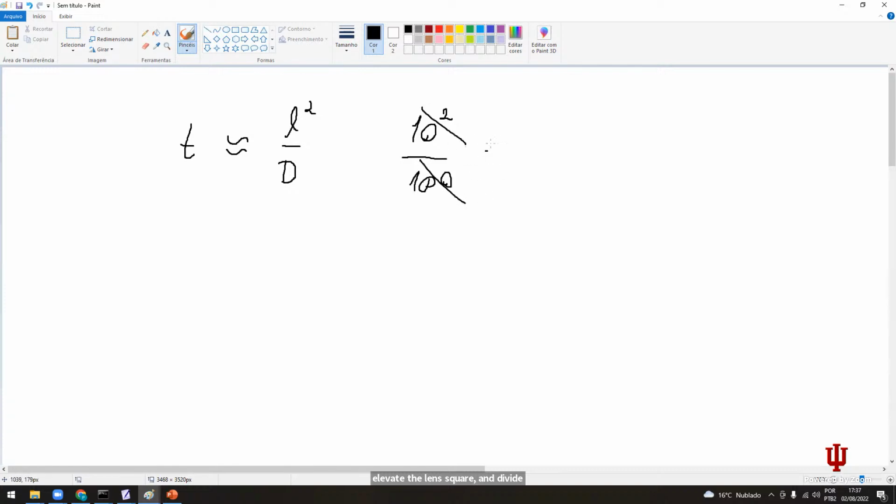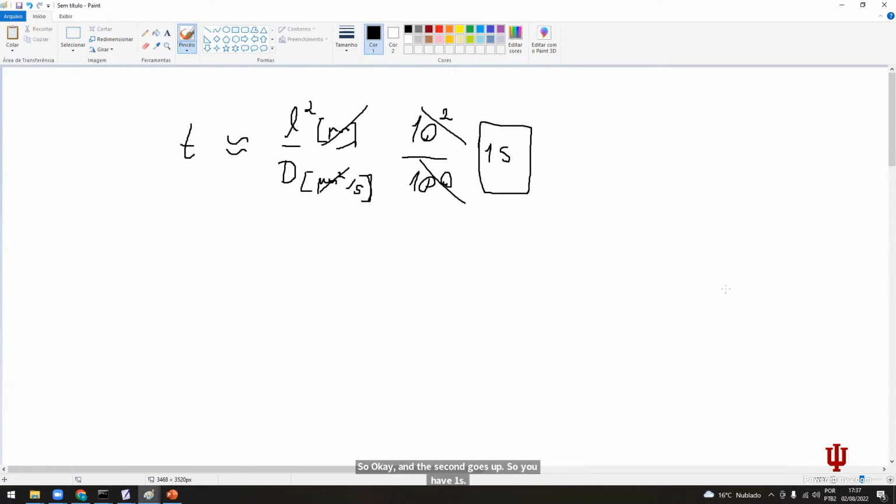Okay, so this is 1. And the units here are micrometers squared over second. This micrometer squared cancels with the micrometers here, and the second goes up, so you have 1 second as a result. So it's 1 second, okay? You will take about 1 second to diffuse.